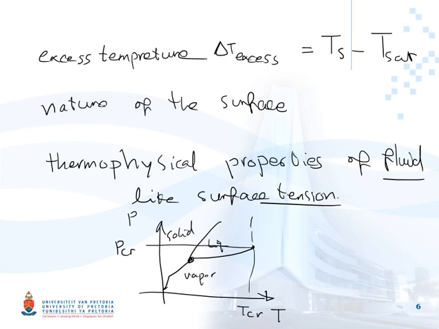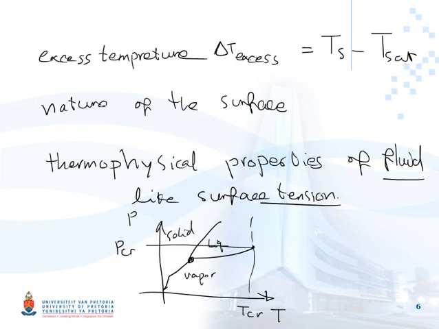So the temperature of the liquid and the bubble are not the same. The temperature difference is the driving force of heat transfer between two phases. We know about it. If there is no temperature difference, there is no heat transfer.